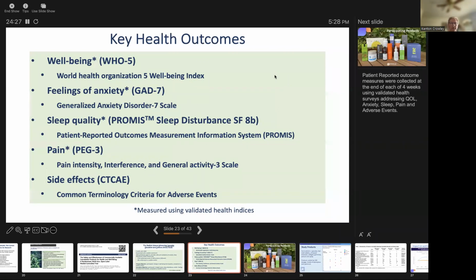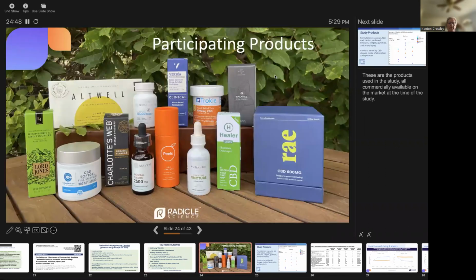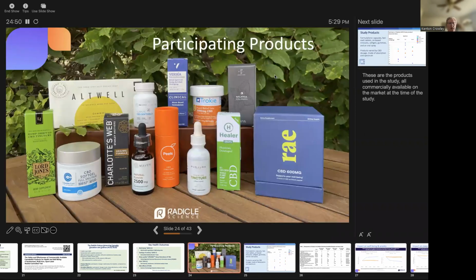Patient-reported outcome measures were collected at the end of each week for 4 weeks using validated surveys addressing quality of life, anxiety, sleep, pain, and adverse events. Here's a picture of the products that were utilized in the study.